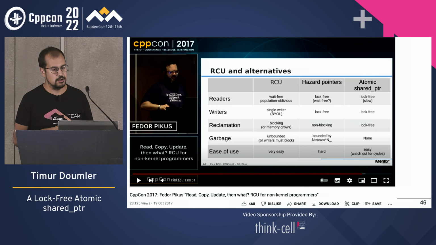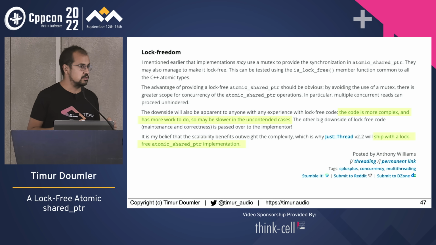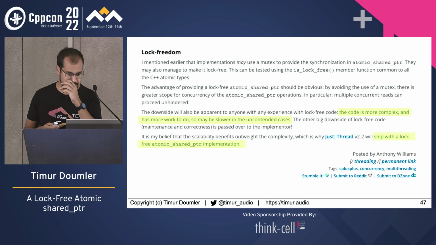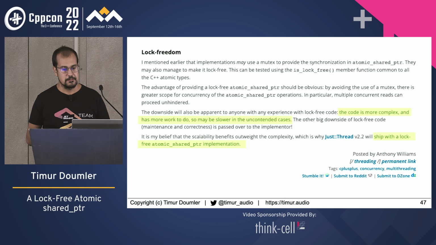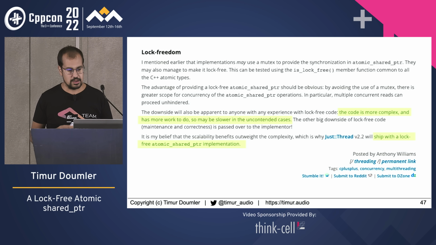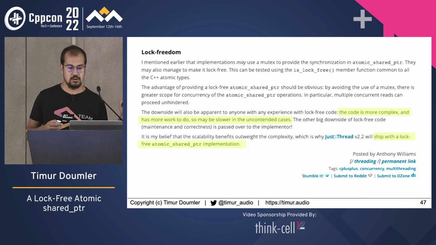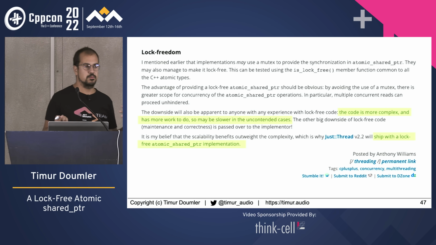And then there's somebody else, Anthony Williams. I'm sure many of you know him. He wrote the book about concurrency, C++ Concurrency in Action. So he's a very, very well-respected concurrency expert, and he has this library called Just Thread. He wrote a blog post where he said, oh yeah, atomic shared pointer, you have the choice if you want to implement it lock-free or not.